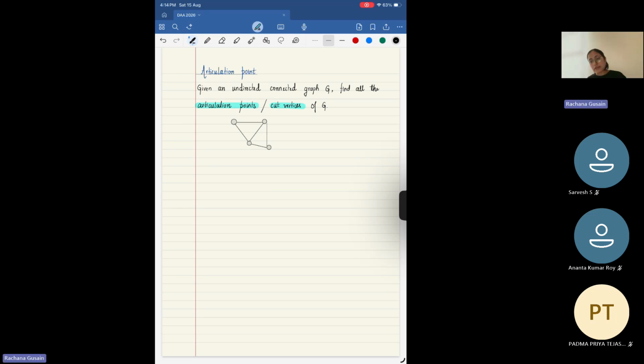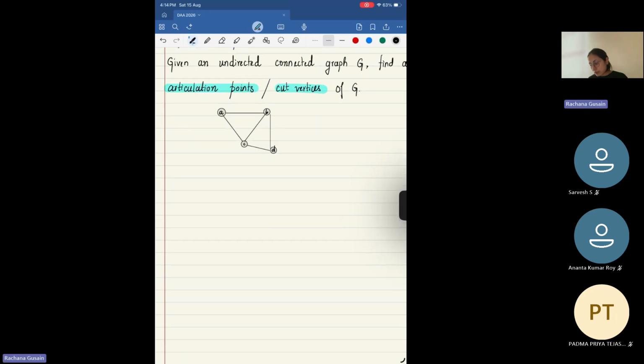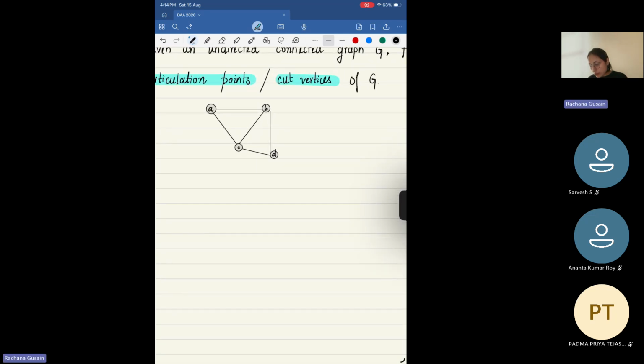Does this graph have an articulation point? Let's say these vertices are A, B, C, and D. Is any vertex a cut point? Cut point meaning if I remove that vertex, then the graph becomes disconnected.